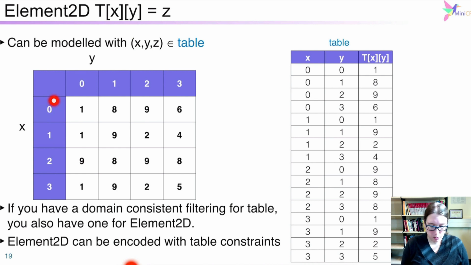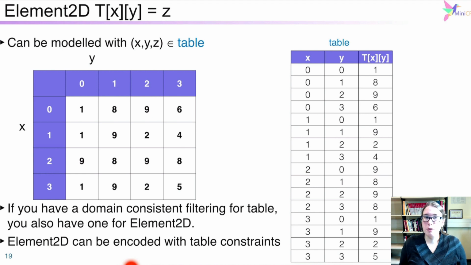So 0 for x, which in the automaton constraint is the state. Here, the second one is 0 also. In the automaton constraint it is the value. And here we have the result, so the content of the square, which in the automaton constraint is the next state, and so on. So each of the squares that we have here is one of the lines.